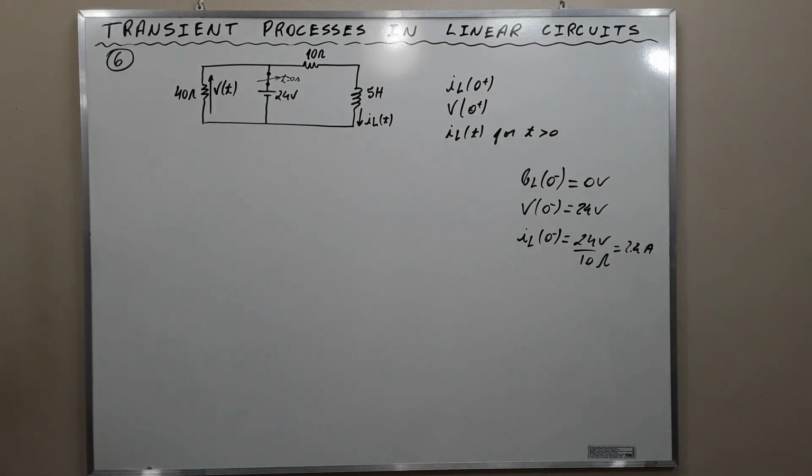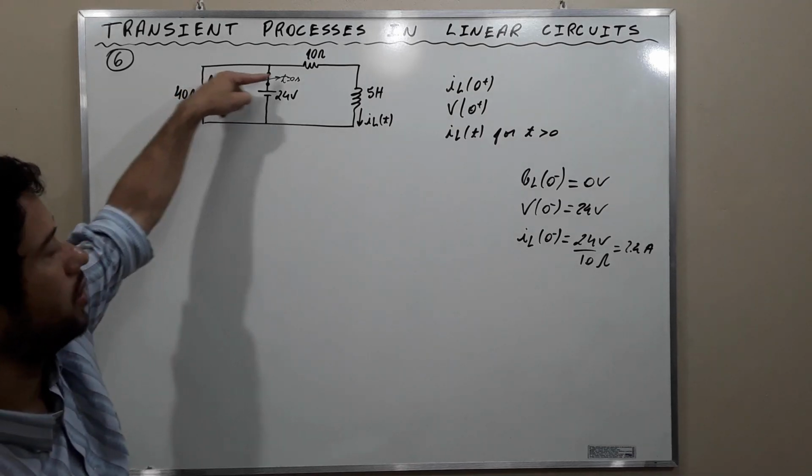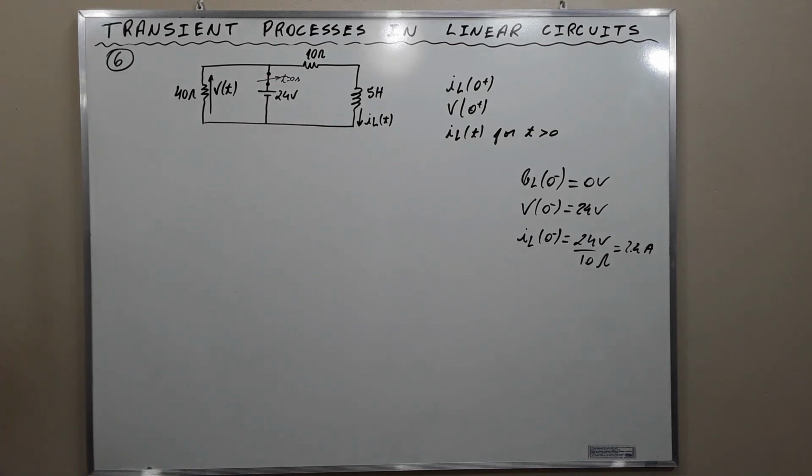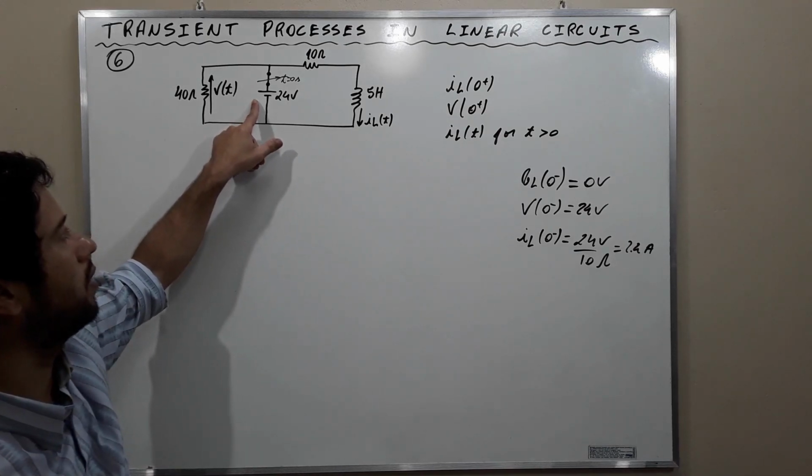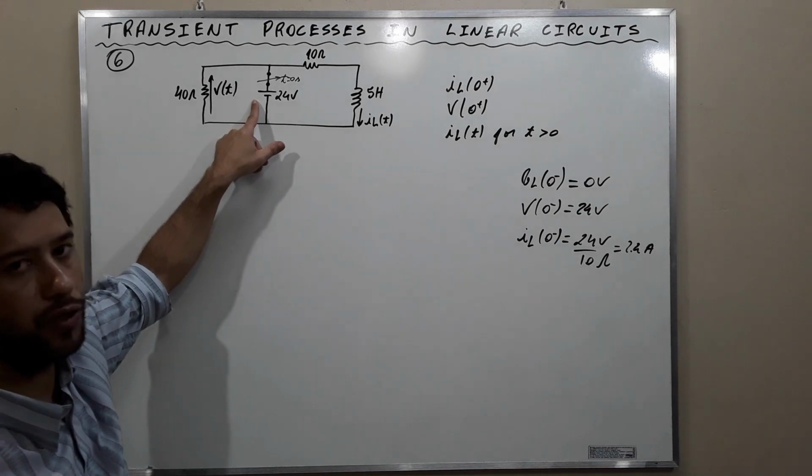Now, what the exercise wanted, after the switch is opened, thus isolating the source from the circuit. The switch isolates the source from the circuit. The energy stored in the inductor will flow through the resistors. If we isolate the source from the circuit, what is going to happen?